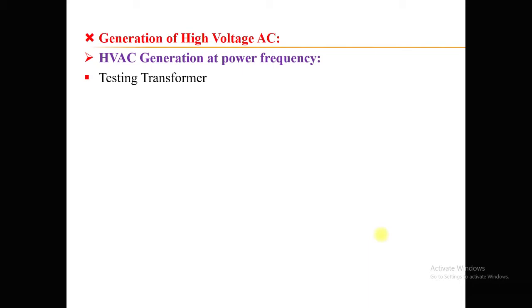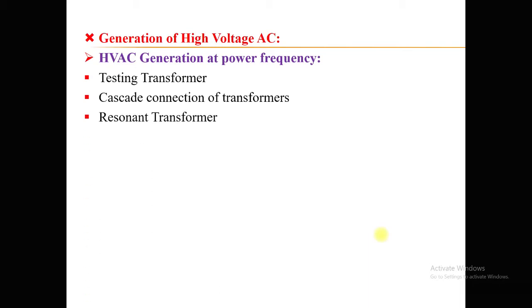Testing transformers are normally available in single phase. So high voltage AC generation at power frequency can be done by using a single unit of testing transformer, or you can connect two or three transformers in series to produce a higher voltage at power frequency.